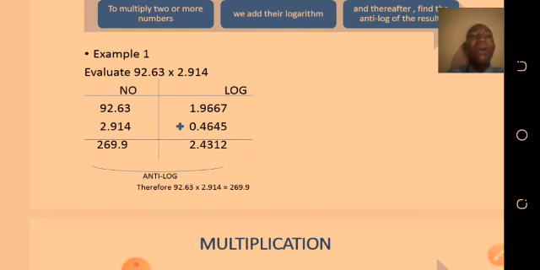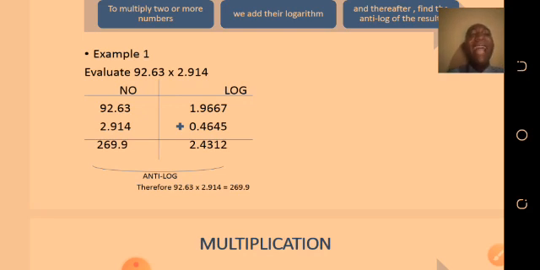When you find the logarithm of 92.63 from your logarithm table, you will get 1.9667. And when you check 2.918, the characteristic, remember, is 0. When you check it from the logarithm table, you get what?